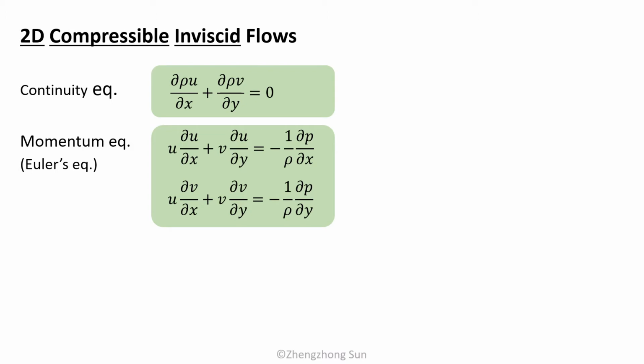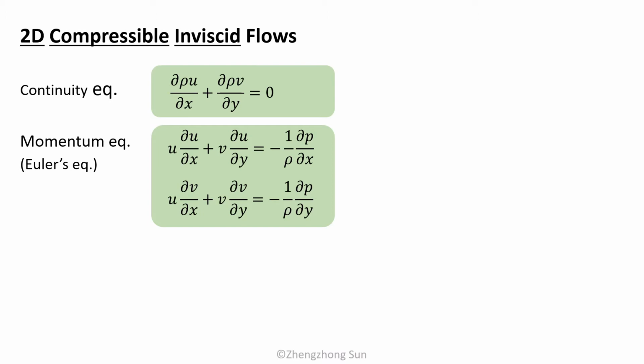Since the flow is inviscid, which means we exclude the viscosity effect of the flow field, the momentum equation is also called Euler's equation. Just a short question: if we include the viscosity, what's the equation called? It's called the Navier-Stokes equation. These three equations can be used to describe a 2D compressible inviscid flow.